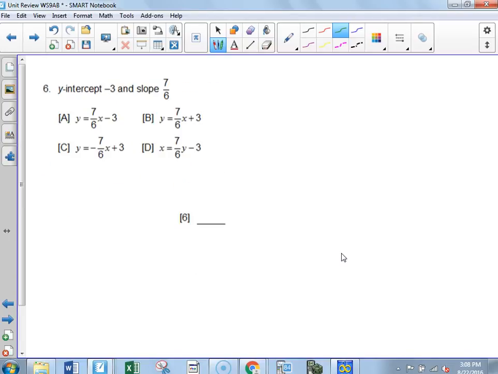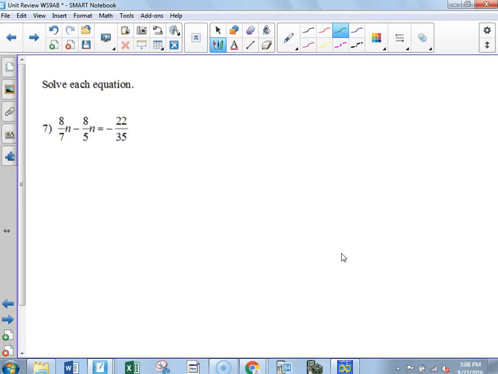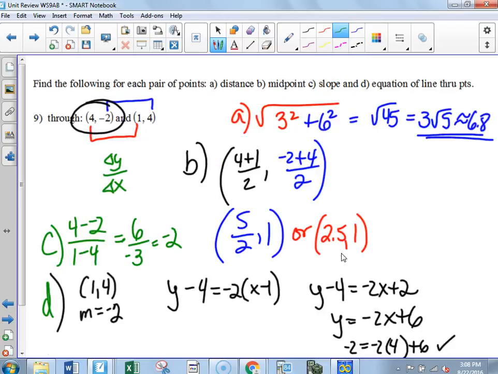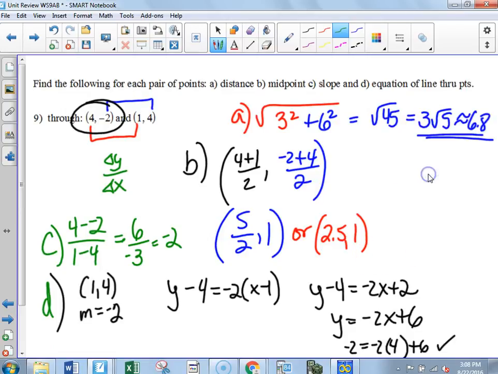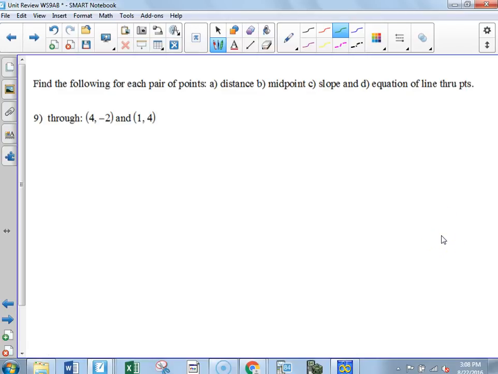Worksheet 9 has awful directions here on part. This is 9B, number 9.